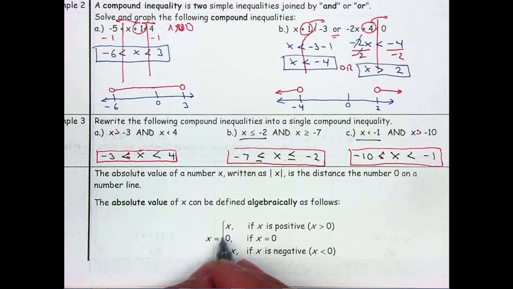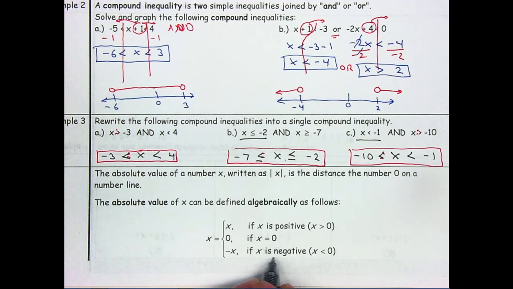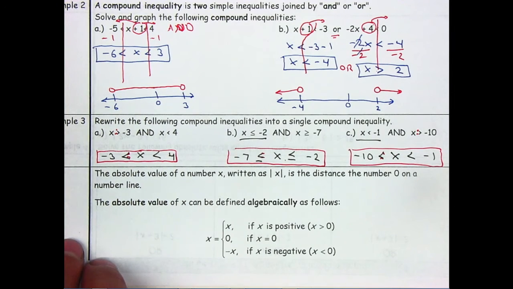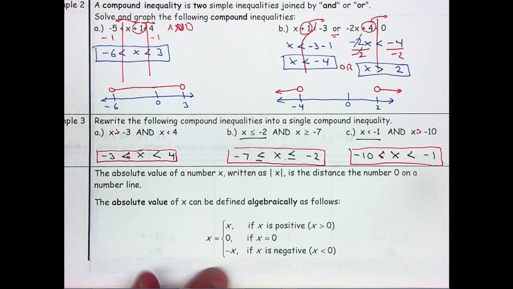Many of you will see this in further mathematics as the notation: |x| is equal to x if x is positive, equal to 0 if x happens to be 0, and equal to the opposite of x if x is negative. If you don't understand it, don't worry about it, but you will see the notation several times in this class, and we'll go further down the line with a more in-depth explanation.